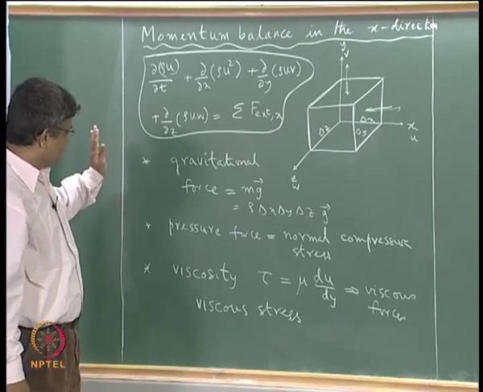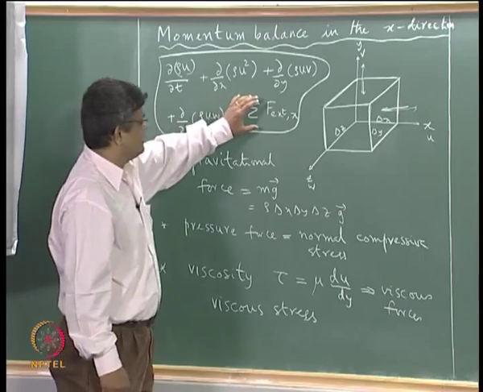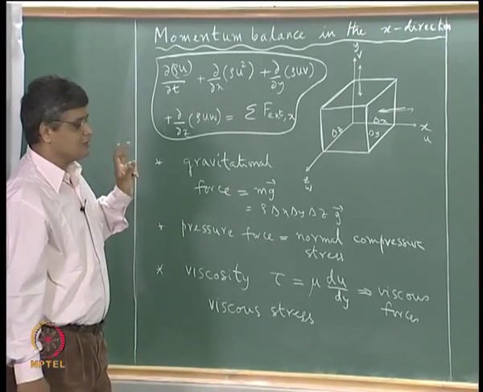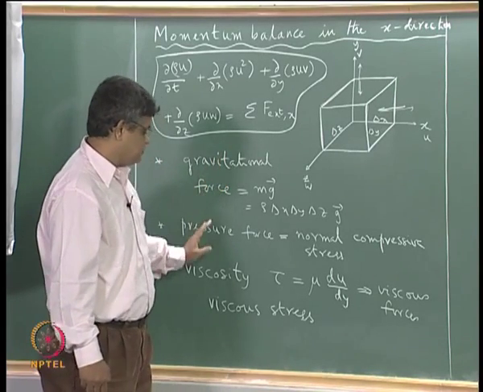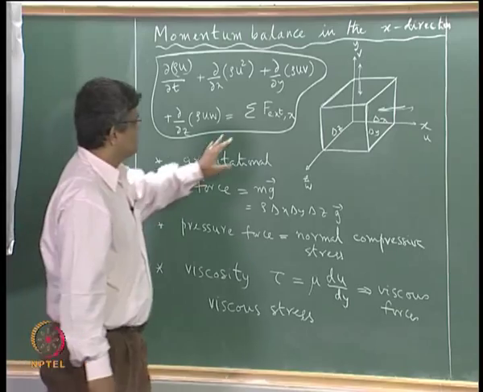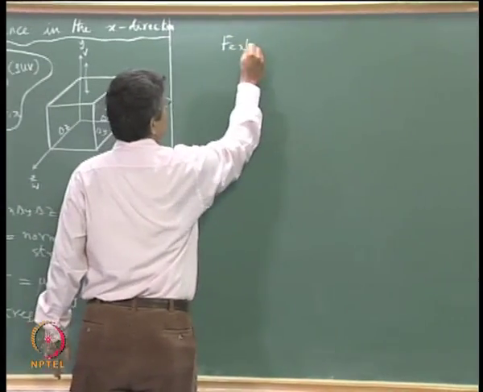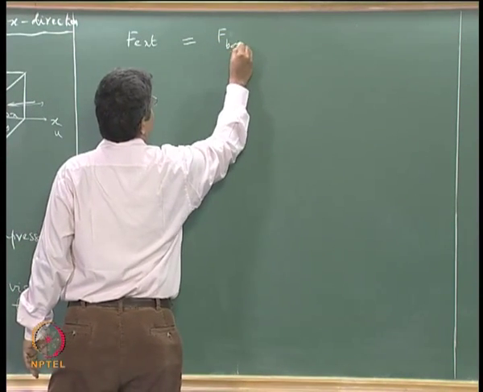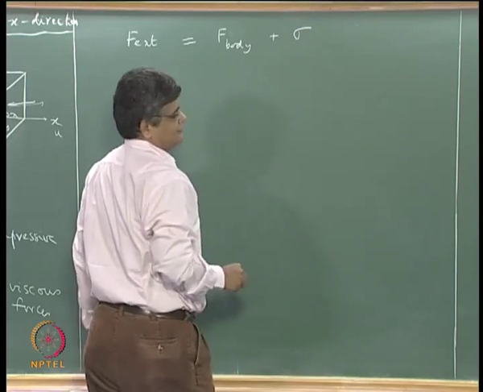So from looking at these things, when we talk about a general framework for external forces, we see that we have to distinguish between two types of forces, those that are body forces and those that are stresses. So we can say that external force is a type of body force plus a stress.